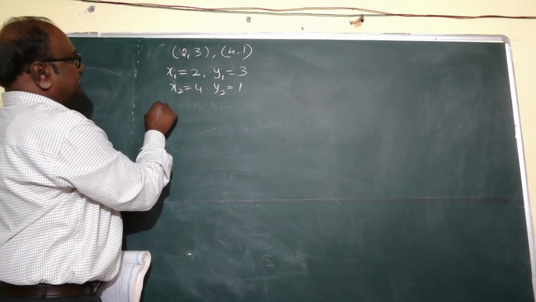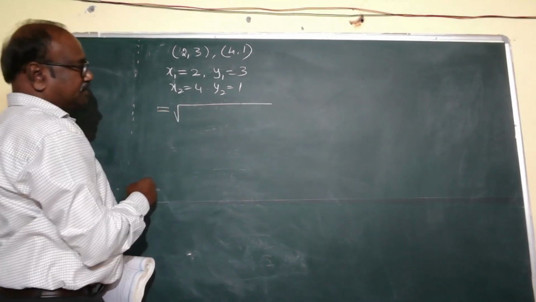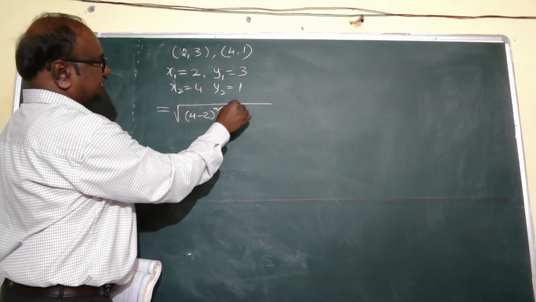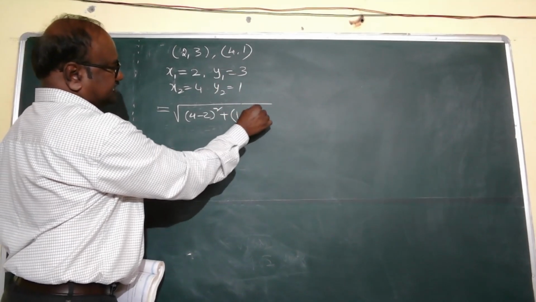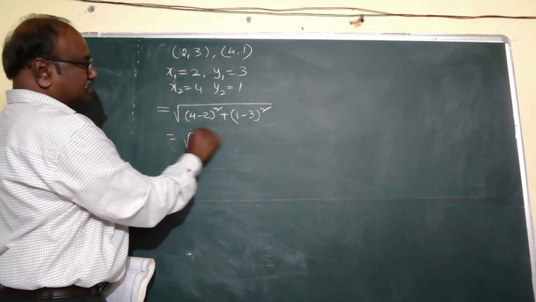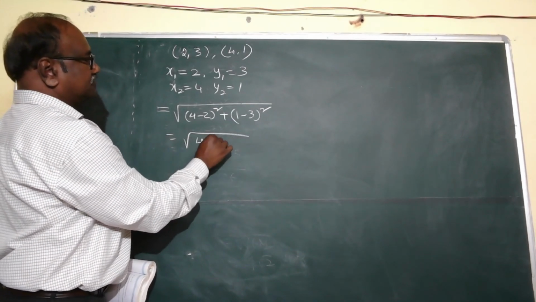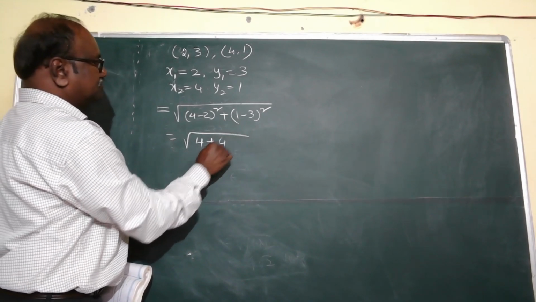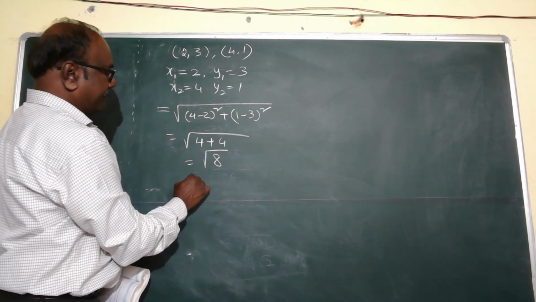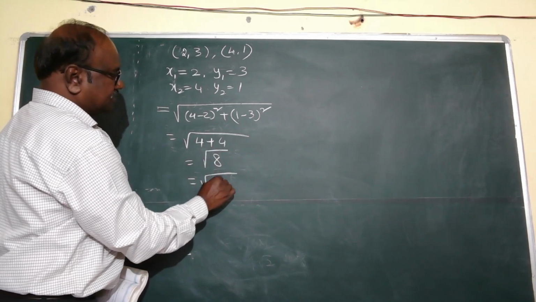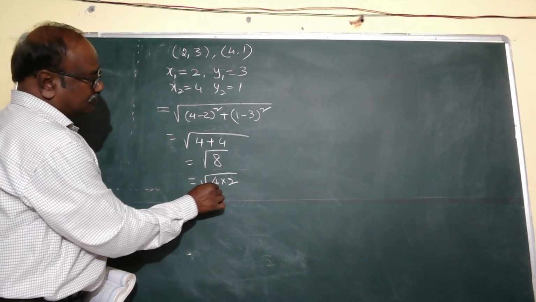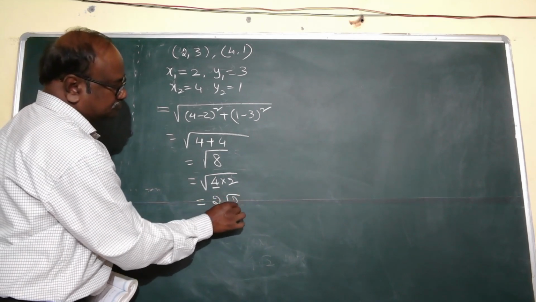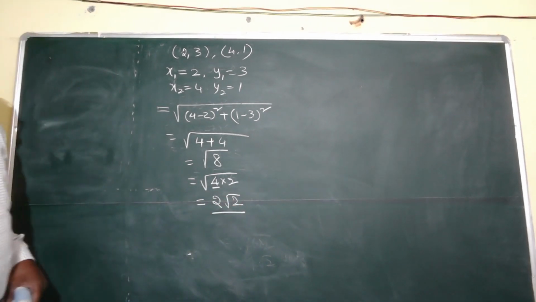Now I will write directly in the formula: under root (x2 minus x1) 4 minus 2 whole square plus (y2 minus y1) 1 minus 3 whole square. 4 minus 2 is 2 square, 2 square is 4, plus 1 minus 3 is minus 2. Minus square becomes plus, 2 square is 4, that is nothing but root 8. This root 8 can be written as under root 4 into 2. Root 4 comes out of the root, it becomes 2. 2 root 2 units is the answer.